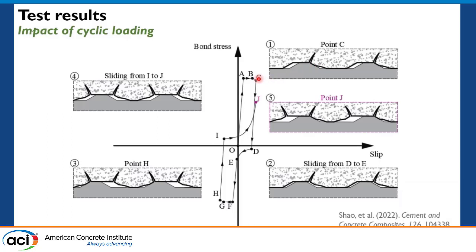And when we are in the reverse loading cycle, we'll first see an almost linear descending portion along with a sliding portion with very low stiffness, and the UHPC key will gain contact with the other side, until we reach point F and then point H. At point H, the UHPC key was damaged again by the reverse cycle on the reverse slip end, and then there is more damage on the opposite side caused by this reverse cycle.